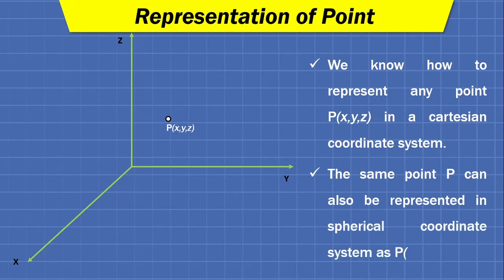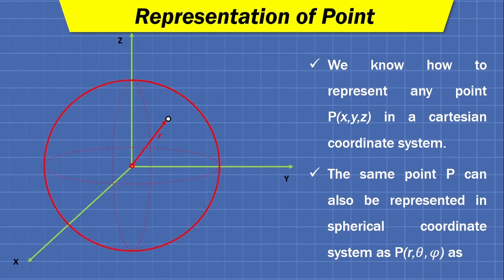The same point P can also be represented in the spherical coordinate system with modified coordinates r, theta and phi. So any point in the spherical coordinate system can be represented by P(r, theta, phi).